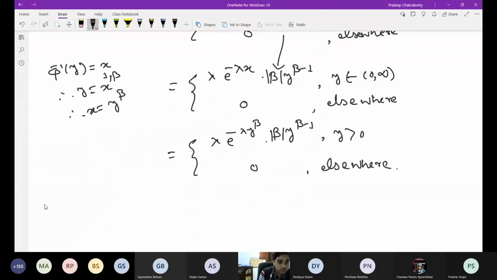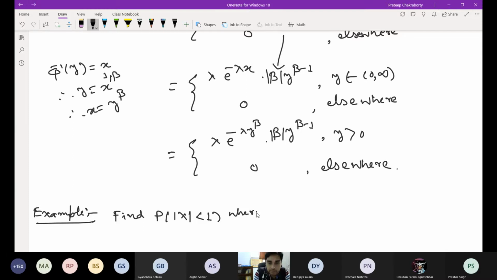So some more quick examples. This has not much intersection with the previous theorem. Find P of mod x less than 1 when the PDF is given.